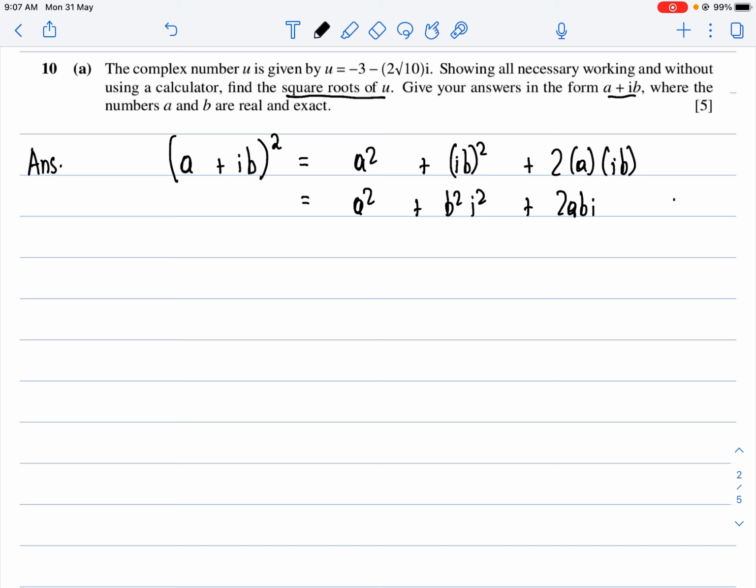Now you need to know that i square is equal to -1. Basic concept. So I'm going to write this as a square minus b square plus 2abi.